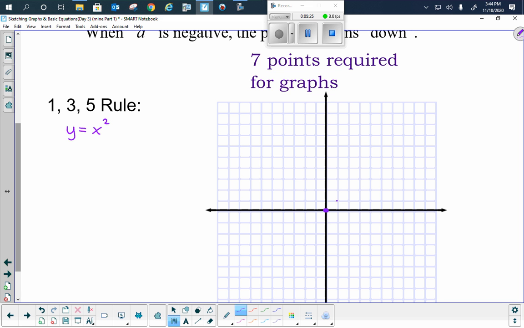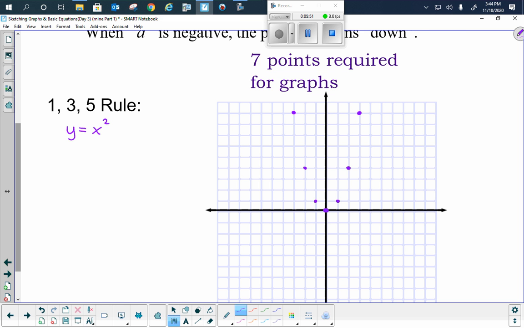Plug in 2, we get 4, and plug in 3, we get 9. Of course, on the other side, if you plug in -1, you get the same y value as +1. When you plug in -2, you still get 4. When you plug in -3, you still get 9.